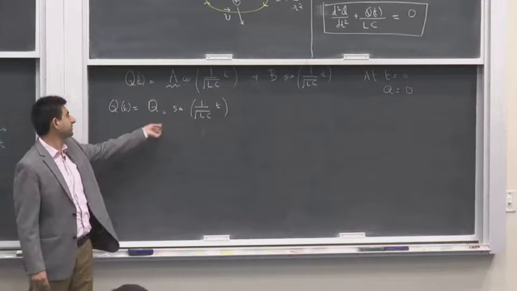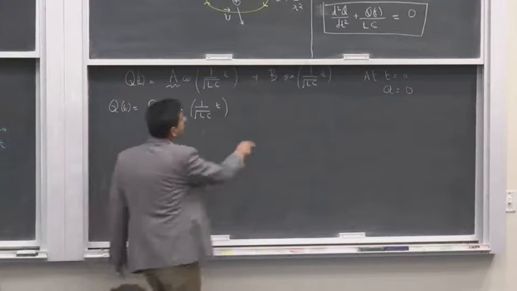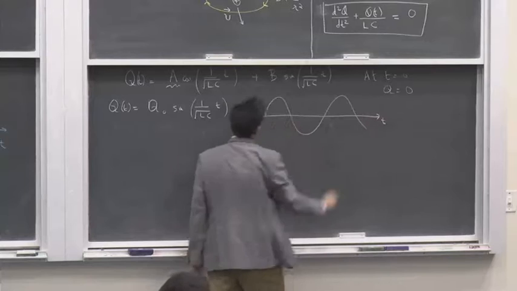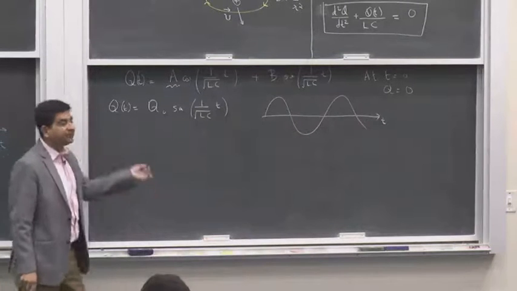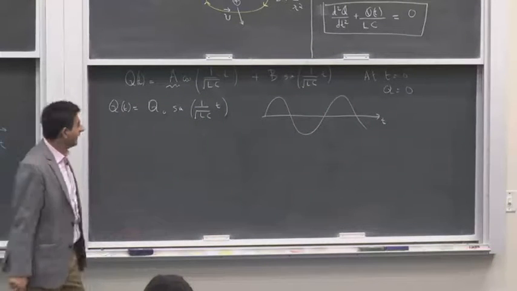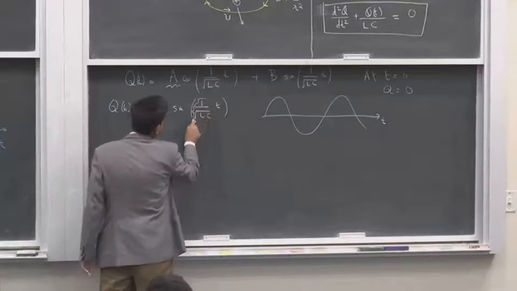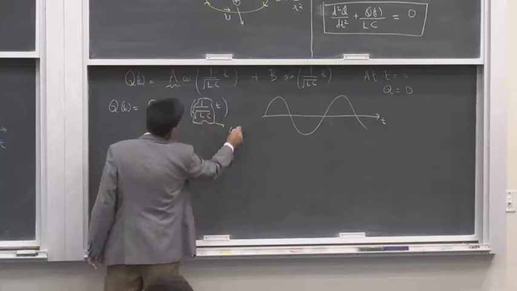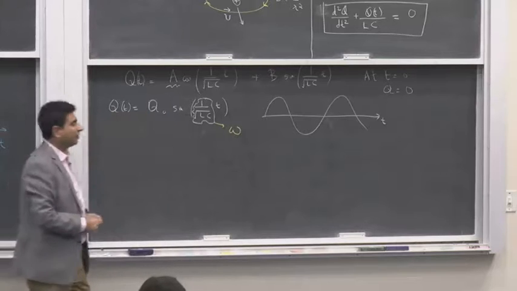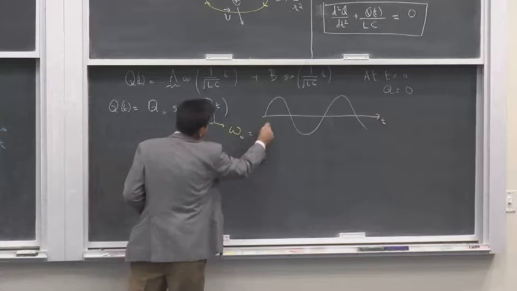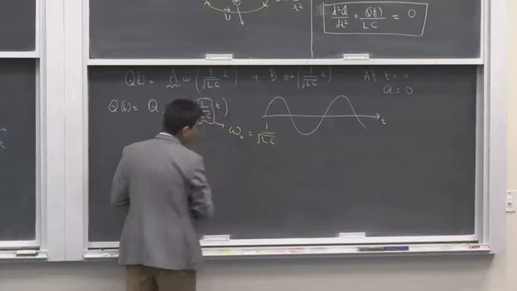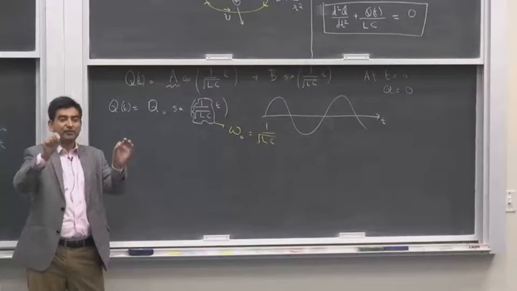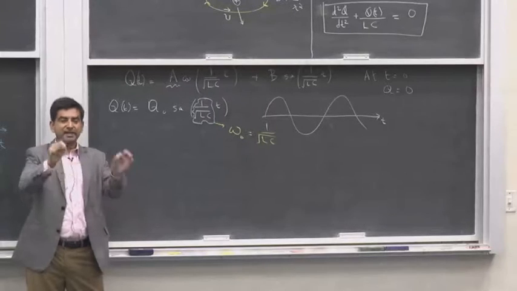At some other time, there is maximum charge. So if I were to make a plot of the charge on the capacitor, this charge is going to oscillate in time, and the frequency of this oscillation is going to be equal to this factor. Let's call it the frequency omega naught, given by 1 over square root of LC. So this circuit has a natural frequency given by the inverse square root of the product of the inductance and the capacitance.